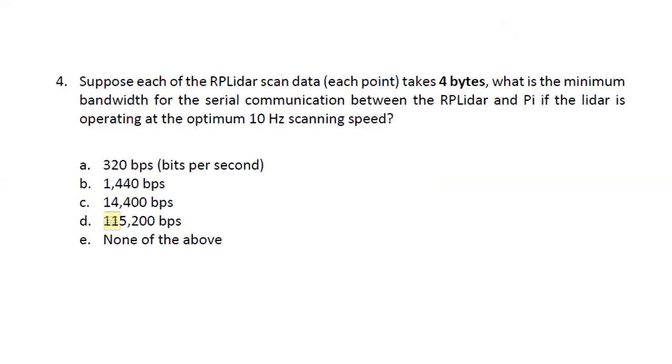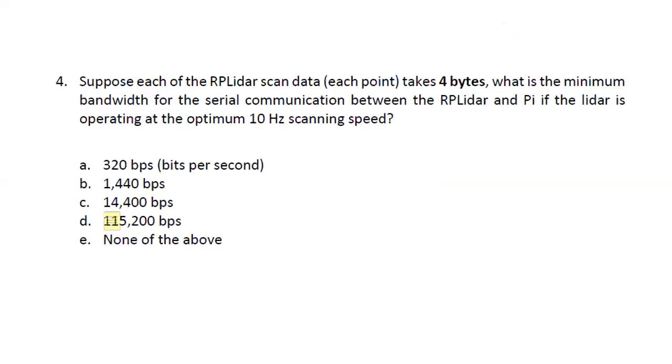For question 4, suppose each of the RPLidar scan data takes 4 bytes. What is the minimum bandwidth for the serial communication between the RPLidar and the Pi if the LiDAR is operating at the optimum 10 Hertz scanning speed?